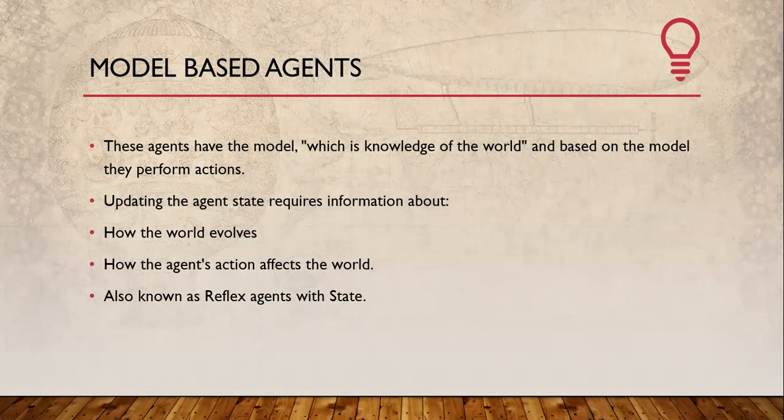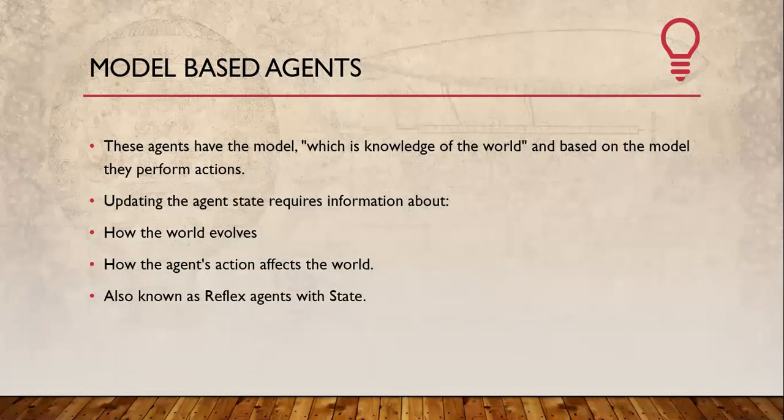These kinds of agents are also known as reflex agents with state, because state is very important for them. But state, again, is not just dependent on the current percept, it is dependent on the other characteristics of the world, and also on how the agent's actions are going to affect the world. So this is a very brief scenario which tells us how the model based agent works.